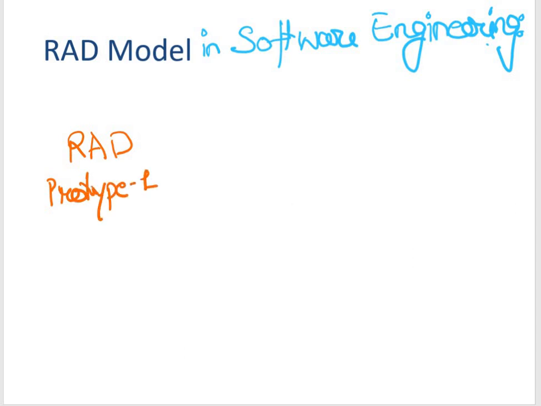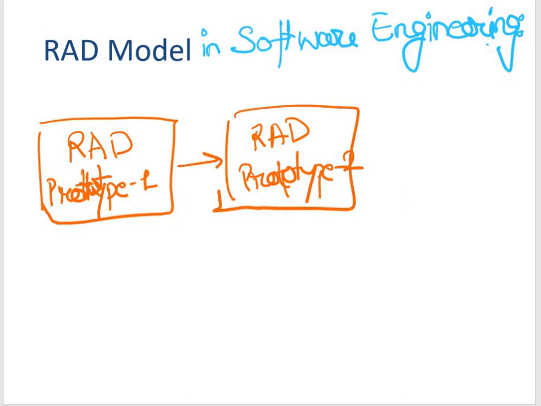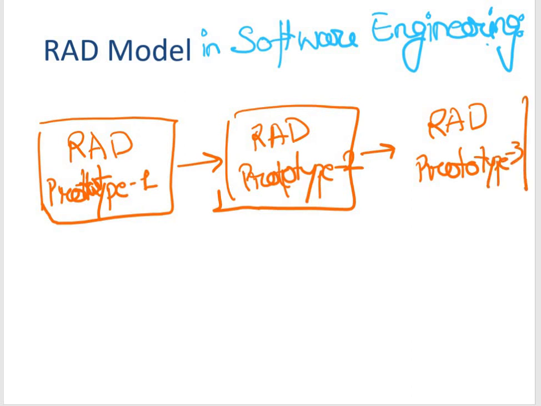Let's say it's 1. Once again, we'll create another prototype, bringing some changes to this, 2, and I can have another prototype with the same help of your rapid application development.